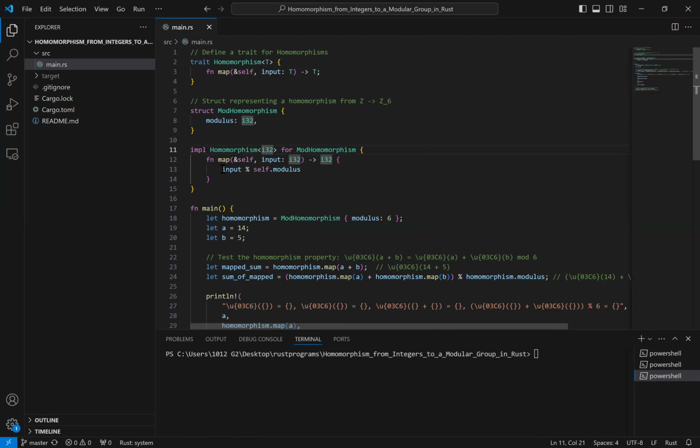I've already explained what this means, what is happening there. So the input to the put, for instance, 14 divided by the modulus, in this case 6, and the remainder is what we record. That's what that symbol means. Okay, let's run this because we want it to prove whether it's a homomorphism. And I said the Rust will understand this thing.